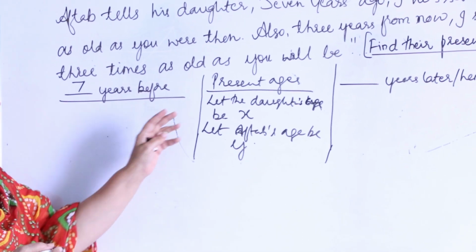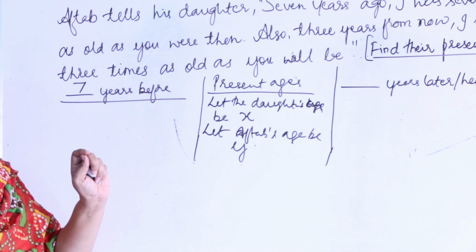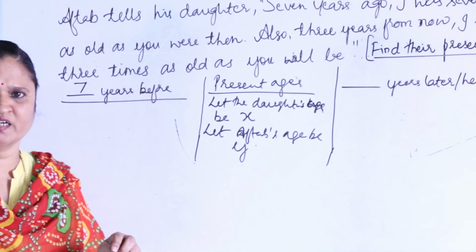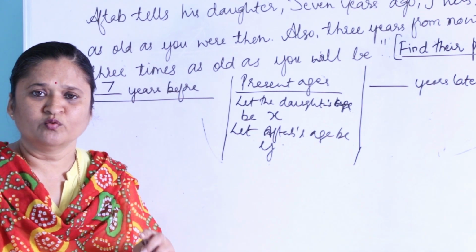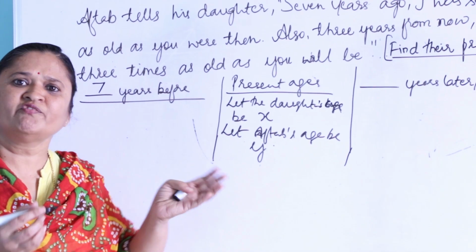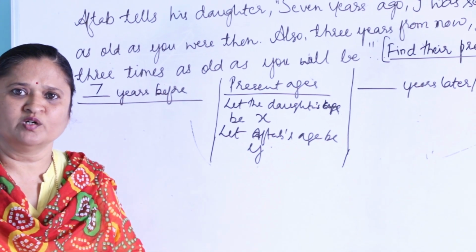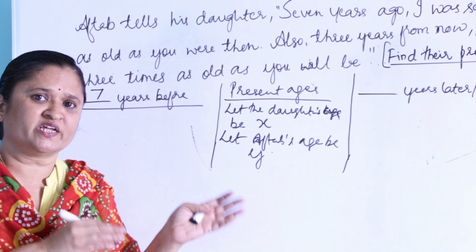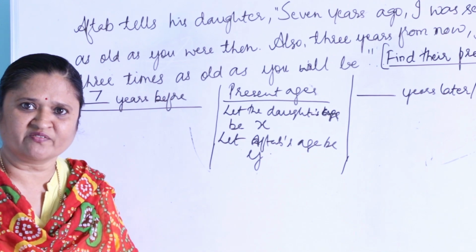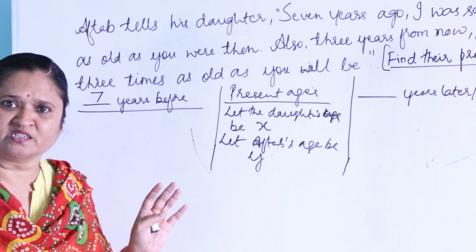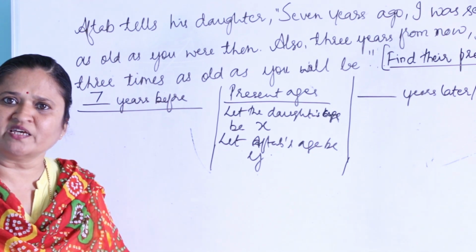Very simple. 7 years ago, what would they be? For example, if you are 15 years now, what was your age 7 years ago? 15 minus 7. Right? If you are 16 years now, what was your age 7 years ago? 16 minus 7. If your age is x now, what was your age 7 years ago? x minus 7.